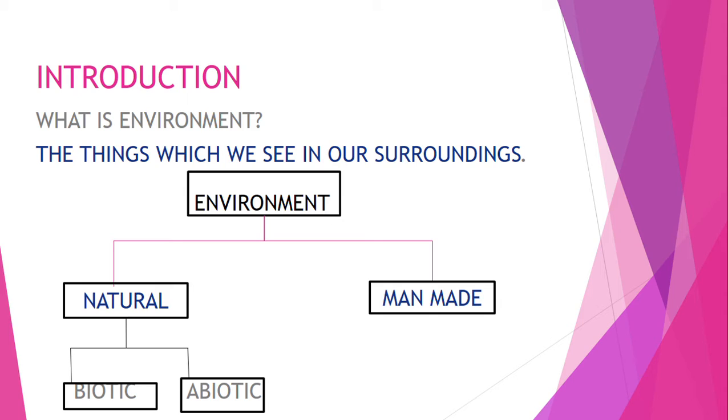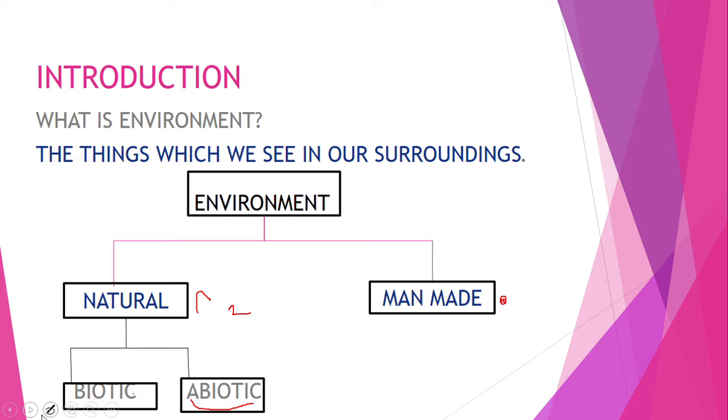As I said, environment is of two types, that is natural and man-made. Natural is further classified into two. They are biotic and abiotic.